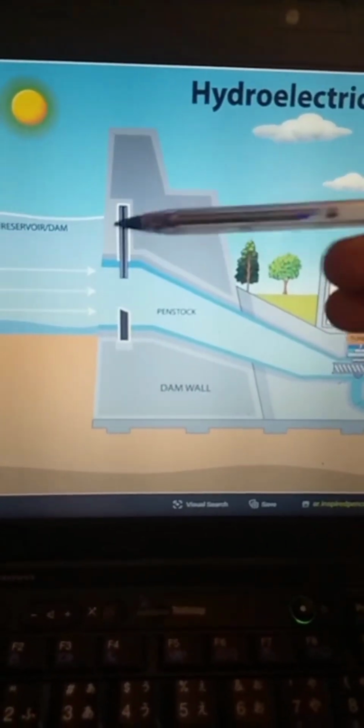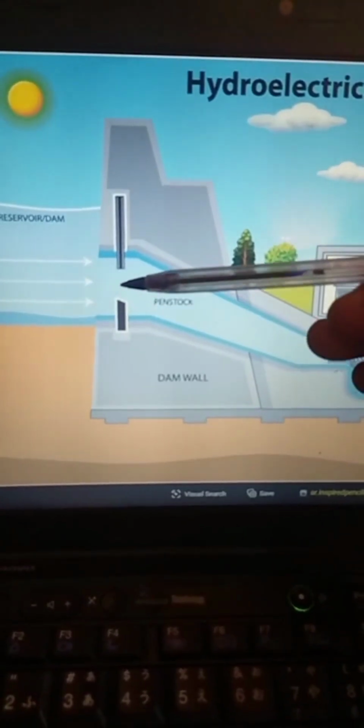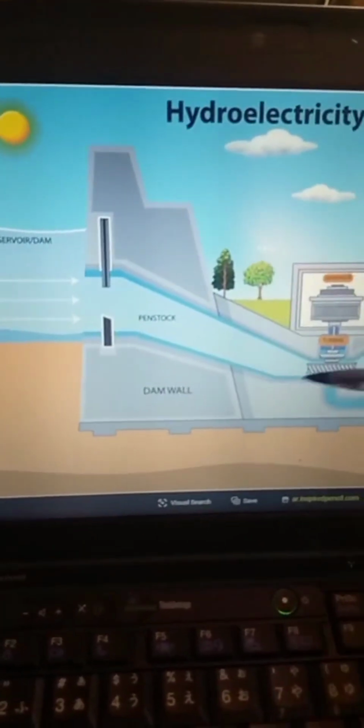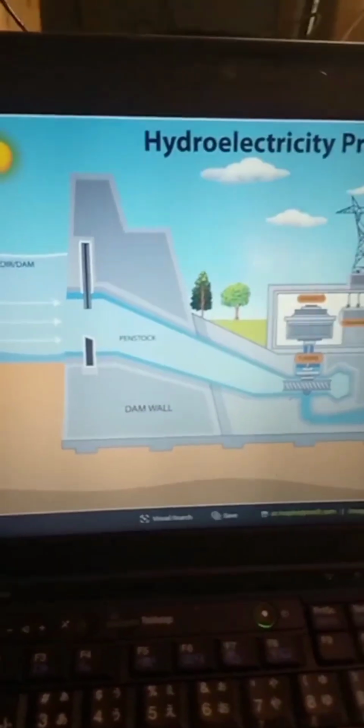So we need to have a steady flow of water so that we don't break the turbines. With that, we have our system here, the starting system.